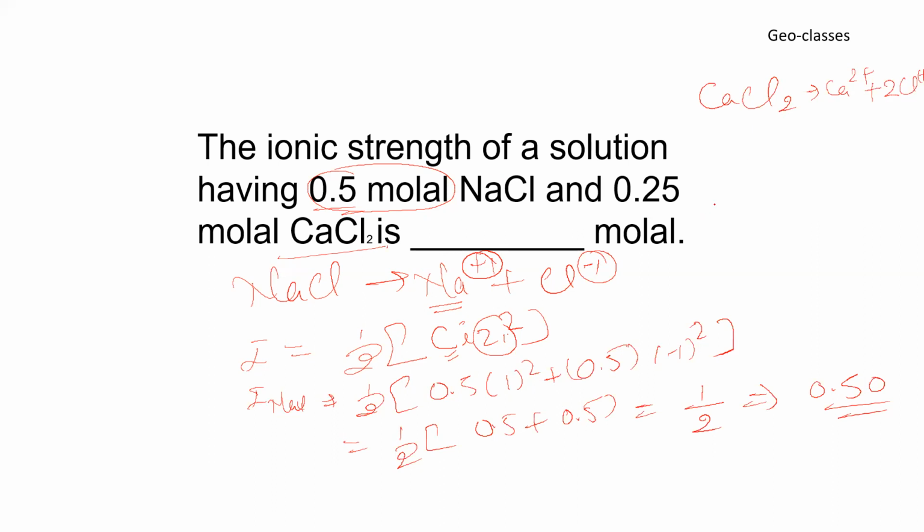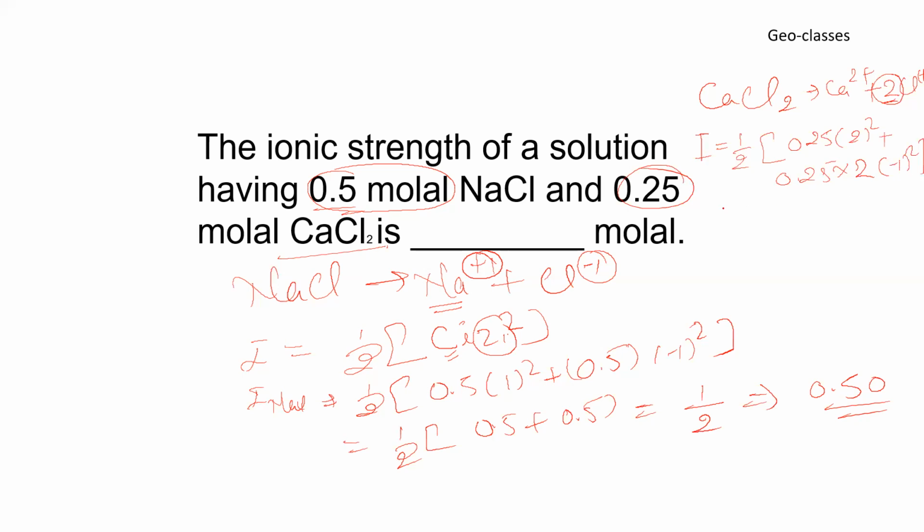Here, I is equal to half, molality is 0.25, so 0.25 times the cation charge 2 square, plus 0.25 multiplied by 2, because there are two chlorides, and the square of minus 1.